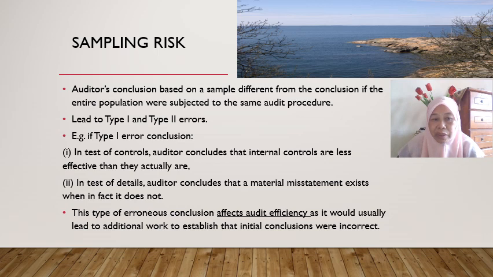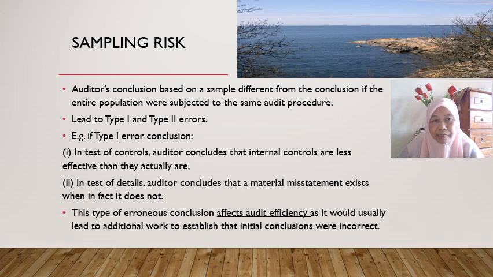In relation to tests of detail on the financial statements, the auditor may inappropriately conclude that a material misstatement exists in the financial statements when in fact it does not exist.